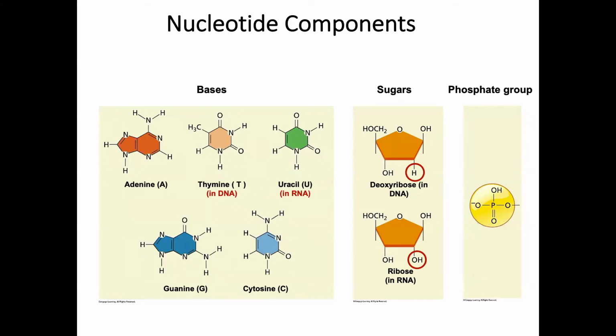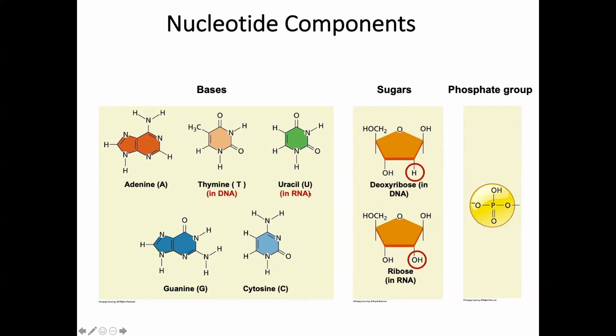Similar to DNA, RNA is also made up of nucleotides. However, the composition of the bases and sugars is different between DNA and RNA. All right, so in DNA you have A, T, C, G, and then in RNA, it does not have a T anymore.